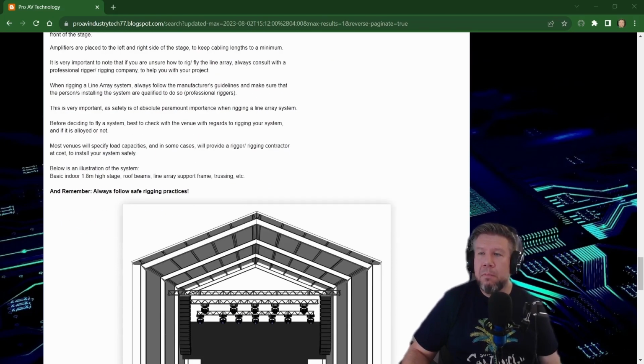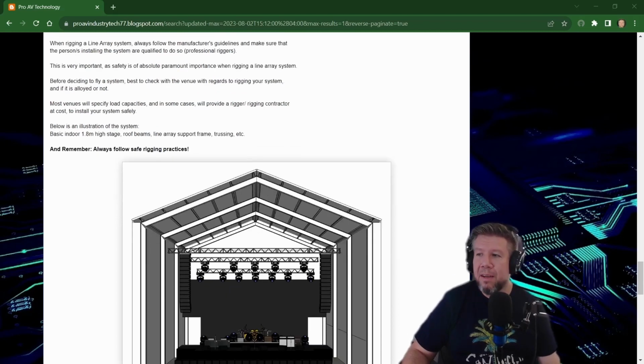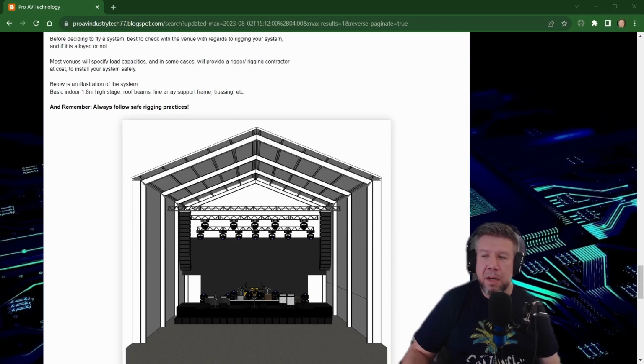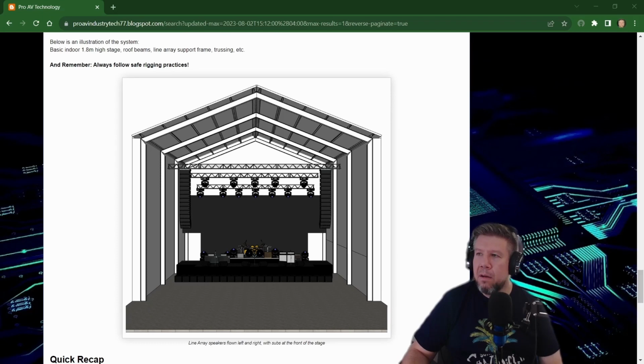So below I've just got an illustration of a small stage setup that I created in SketchUp. It's a basic indoor 1.8 meter high stage, roof beams, line array, support frame, trussing, and so on and so forth. So you can see here primarily what a line array system could look like with a full band setup.